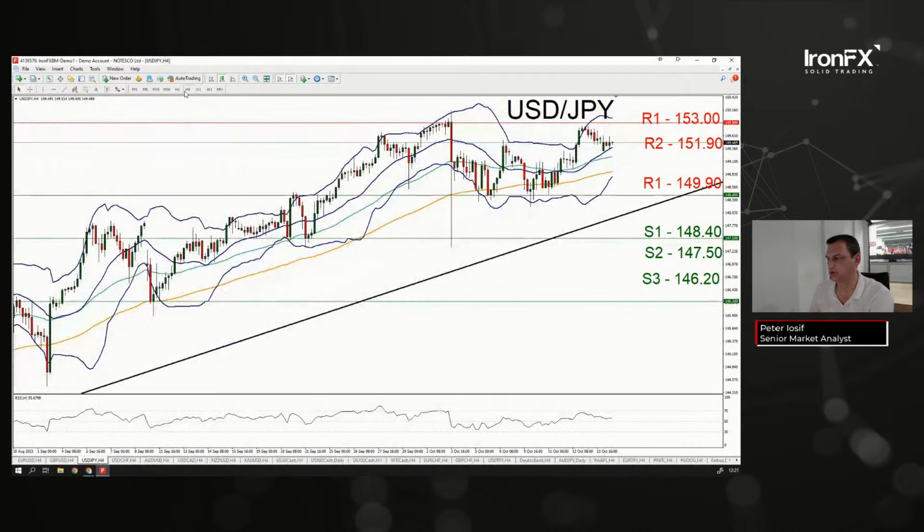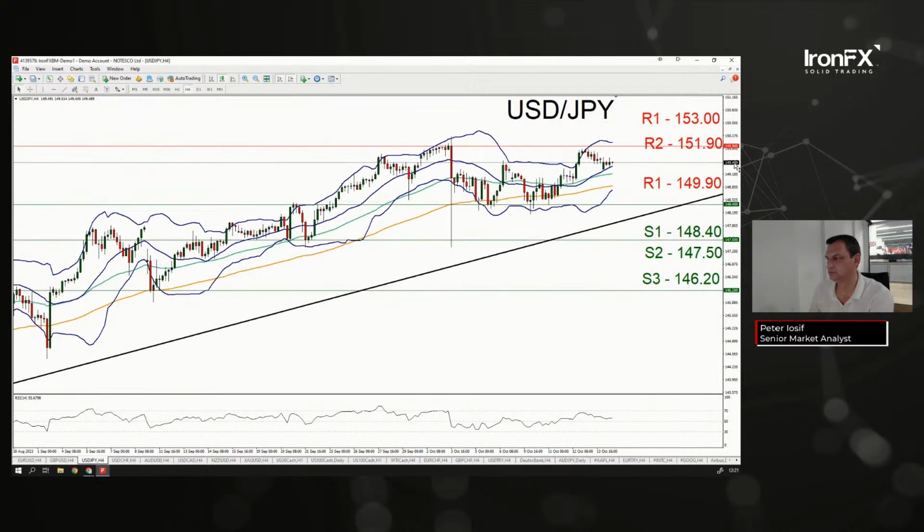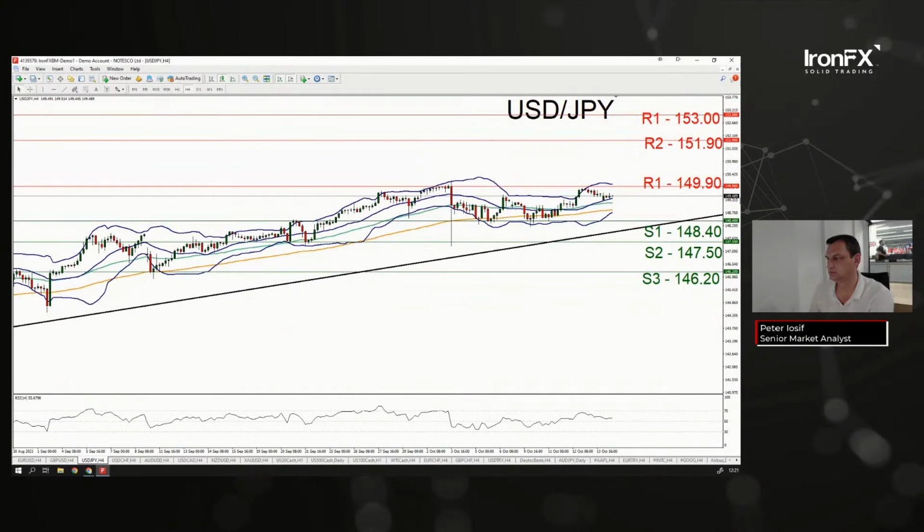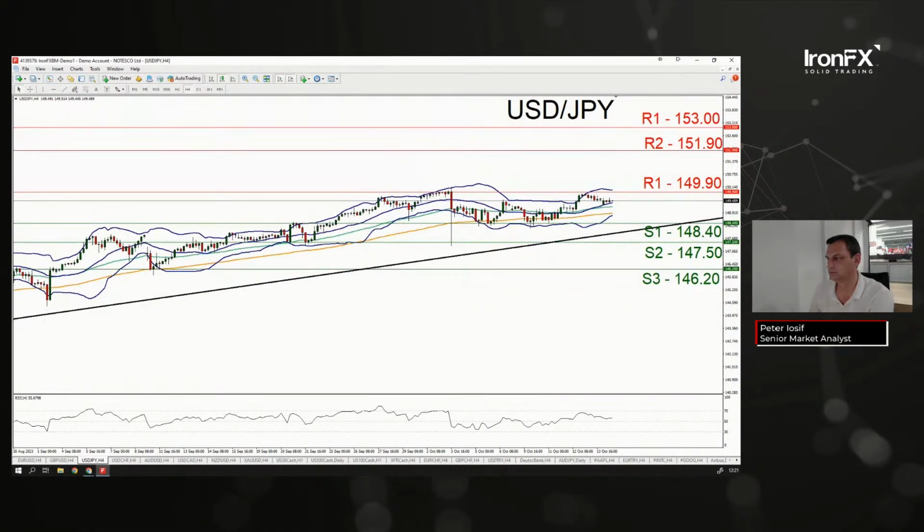Back to the forward chart. We expect the pair to remain in sideways motion between the 149.90 resistance line and the 148.40. The RSI indicator remains quite low.